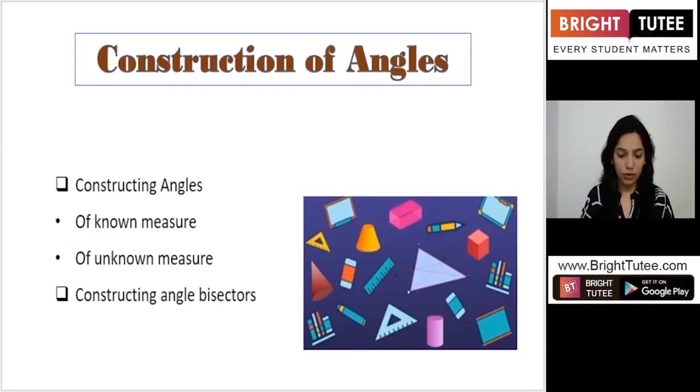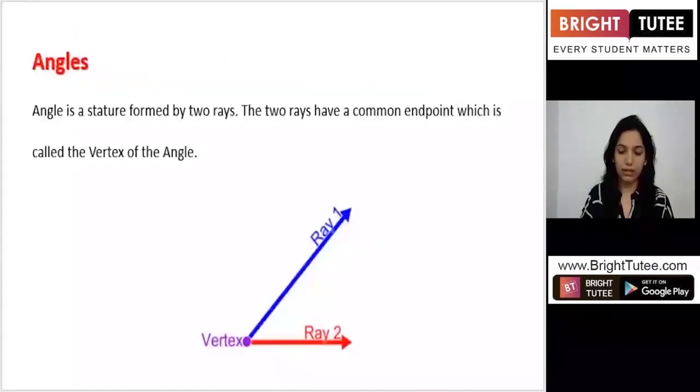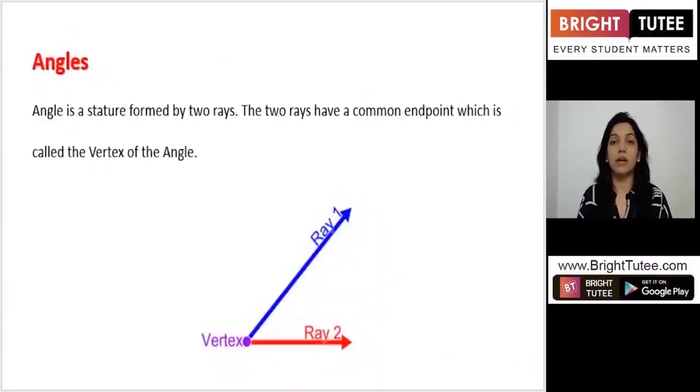Okay. So moving with the first slide here, what do we mean by angles? We are just revising this part here. An angle is a structure formed by two rays, right? When we see, from a particular point, two rays, how much they are opening, the distance between the two rays, we call it the angle.